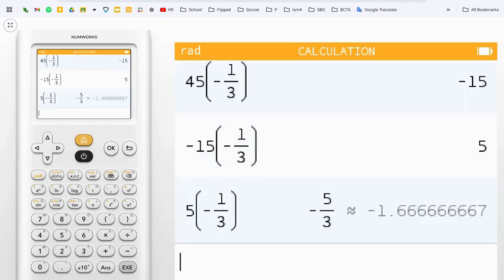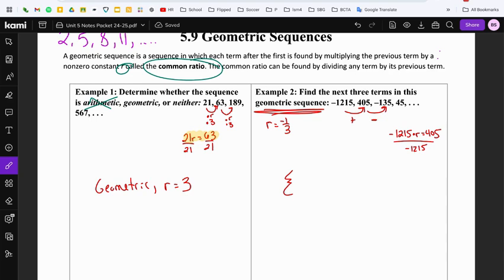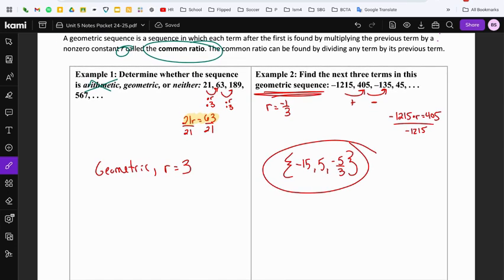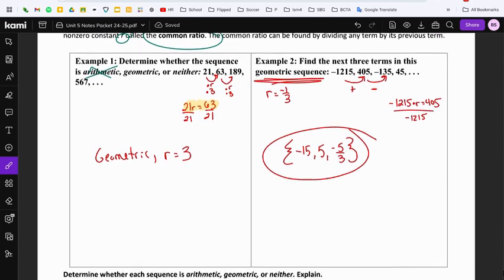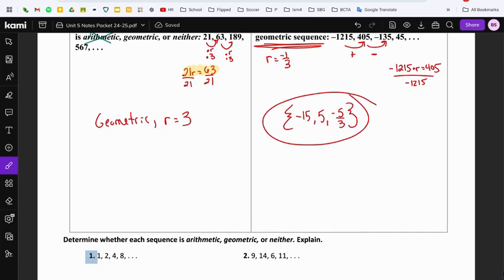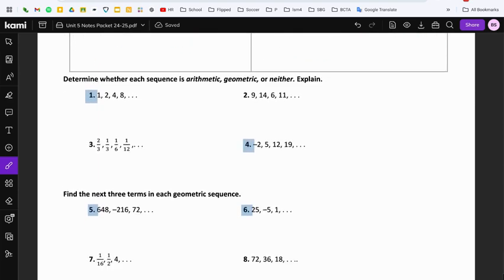We have negative 15, 5, and negative 5/3. So the alternating pattern of negative, positive tells us automatically that our r value has to be negative. Because if r was positive, we wouldn't change signs. Multiplying by a negative is what's flipping signs here.